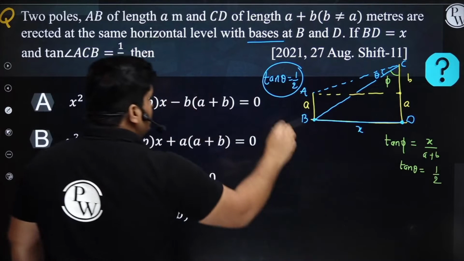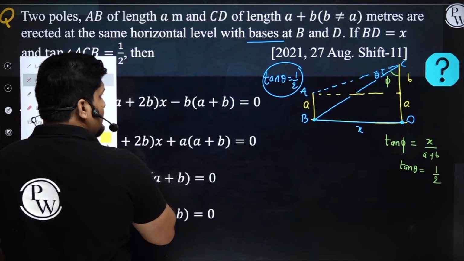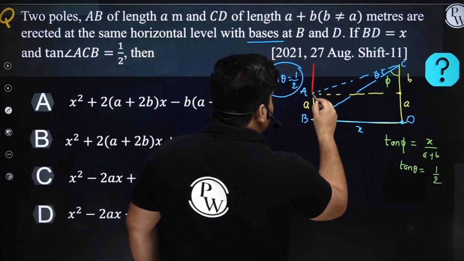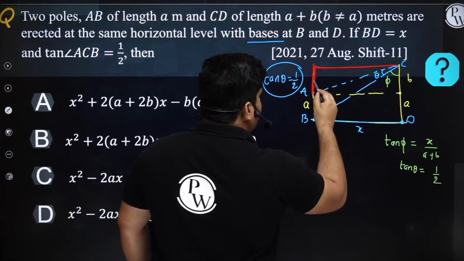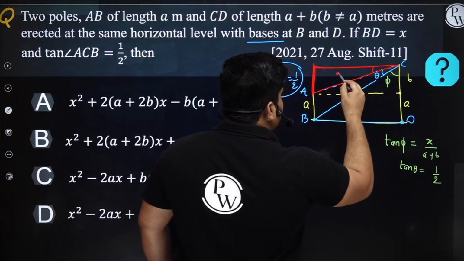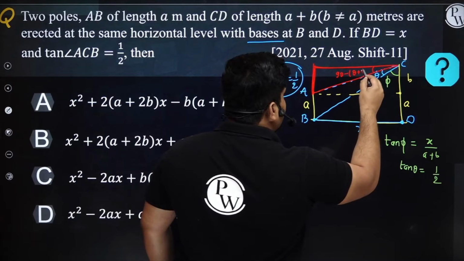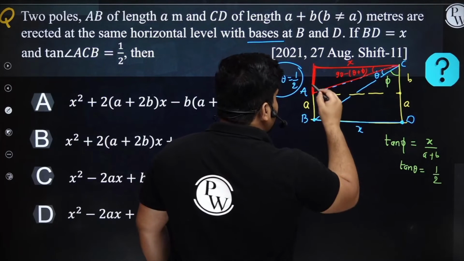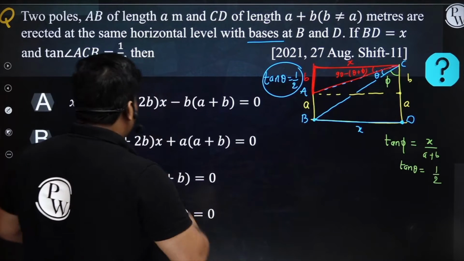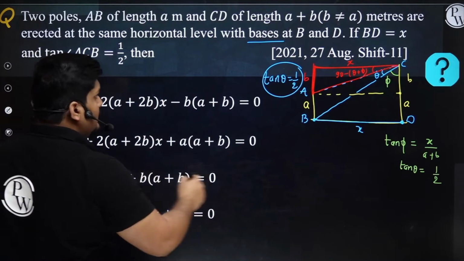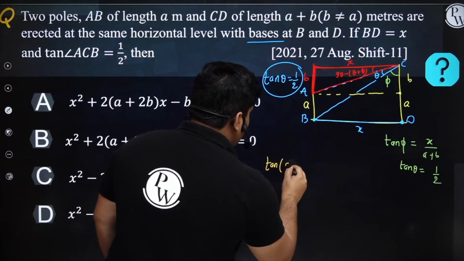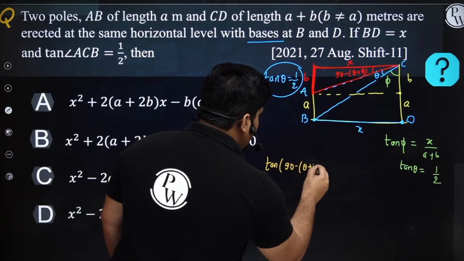Fine. Now in that triangle, if I draw this particular one, so in this triangle, you see guys, this is 90 minus (theta plus phi). This will be x and this will be b. If I construct this, now for that if I use tan, what will be tan of 90 minus (theta plus phi)?